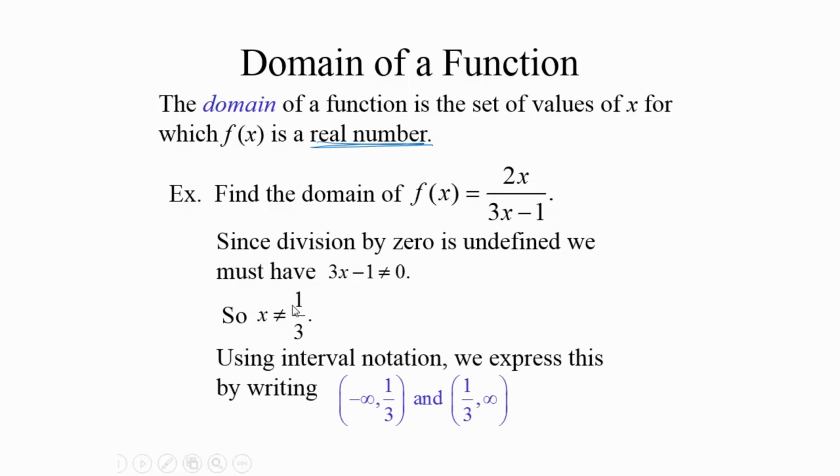So x should not be equal to 1/3. Using interval notation, we express this by writing the domain of this function from minus infinity to 1/3 with parentheses, which means 1/3 is not included, and from 1/3 to infinity, not including 1/3 again.